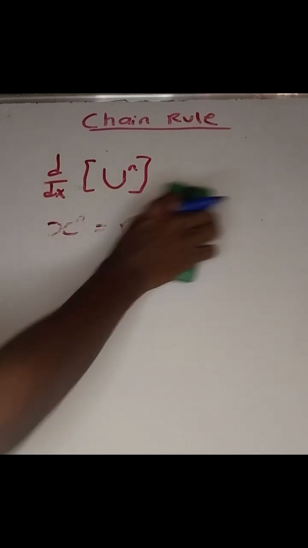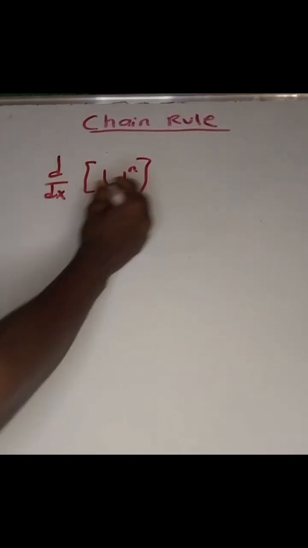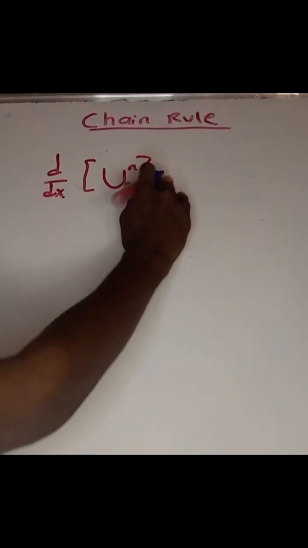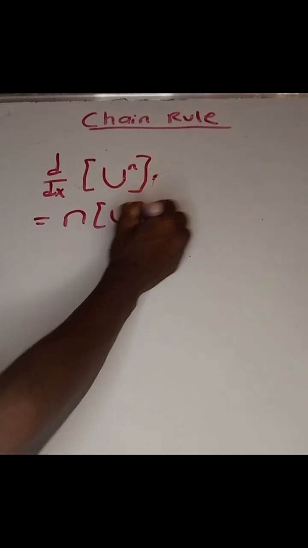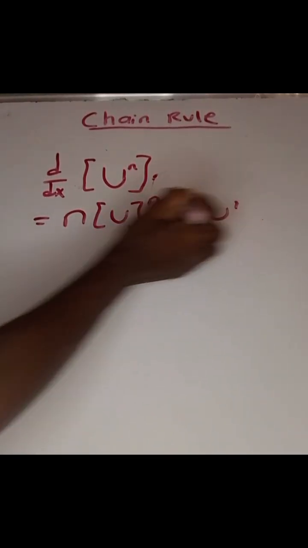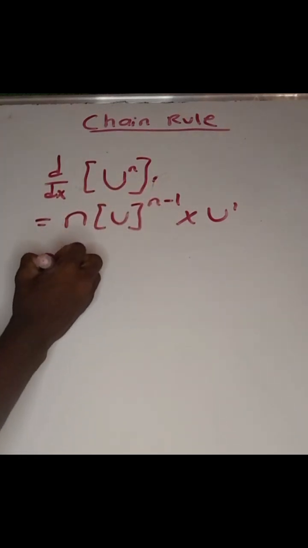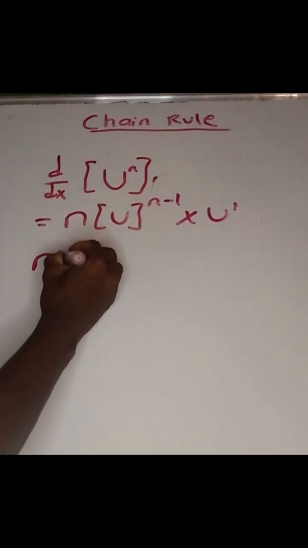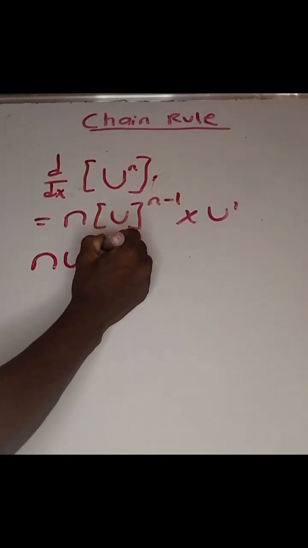So in chain rule, the d over dx will be equal to n into u to the n power minus 1 multiplied by u prime. What does this mean? According to the power rule, our n comes first as a whole number, and then our x here is like the u, and you subtract n minus 1.